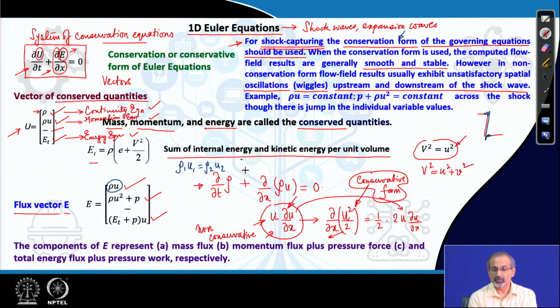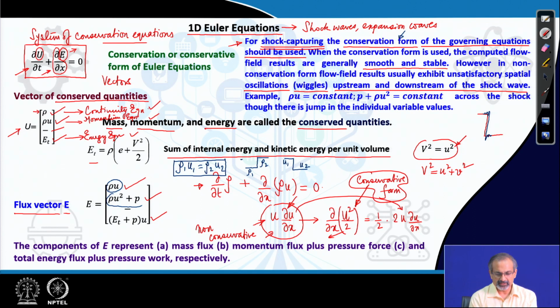For example, density increases abruptly across the shock, or the velocity decreases abruptly across the shock. But as far as the flux is concerned, there is no jump. So, the flux is conserved, and the conservative form of the equations are essentially handling those fluxes which are inherently conserved across the discontinuity. So, that is one of the main reasons why they generate solutions which are smoother.